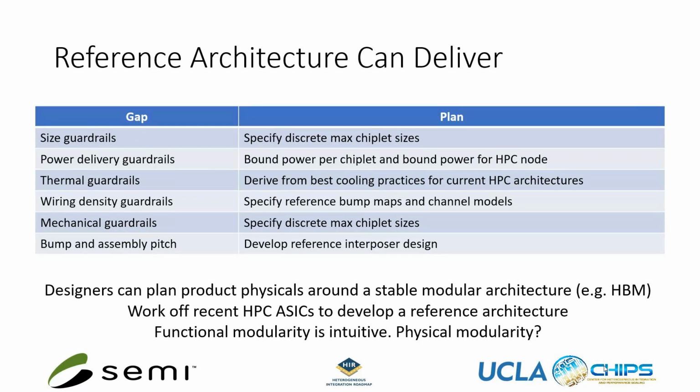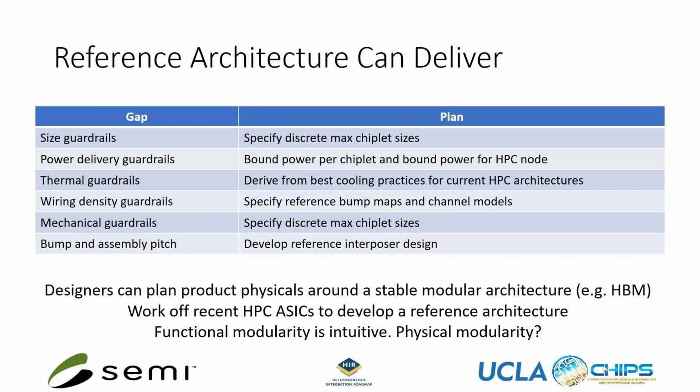What catches my eye about HBM is that because it's been stable, you know exactly how big HBM is, you know what the size of the IO is. It's been stable for so long that designers can plan their own product physicals around HBM.